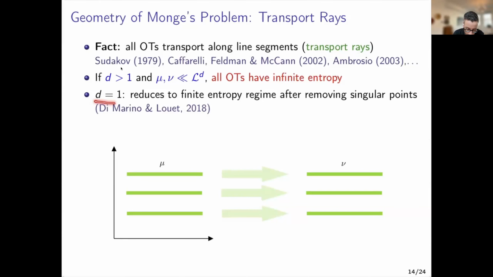Dimension 1 is special because the line segment actually has the full dimension in 1 dimension. It's not an easy problem, but more or less, if you remove certain points, namely the mass which is not moved by any optimal transport, then more or less you reduce to the finite entropy regime.